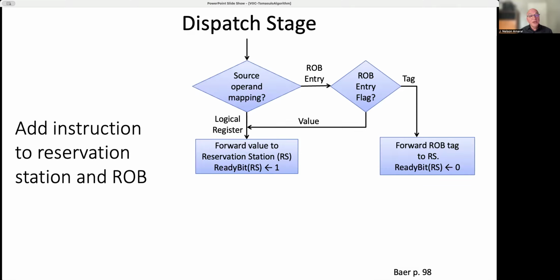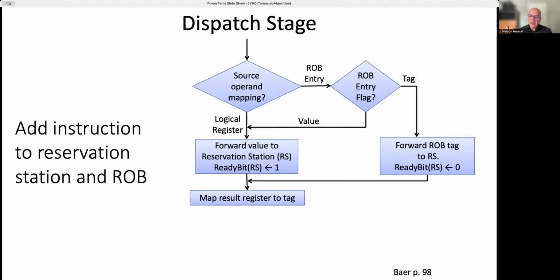And the idea is that when that value is broadcast with the tag for the reorder buffer, the reservation station will also be able to capture that value. So in this case, I set the ready bit of that value for that entry in the reservation station to be 0. And in both cases now, I'm going to map the result registers to the tag.